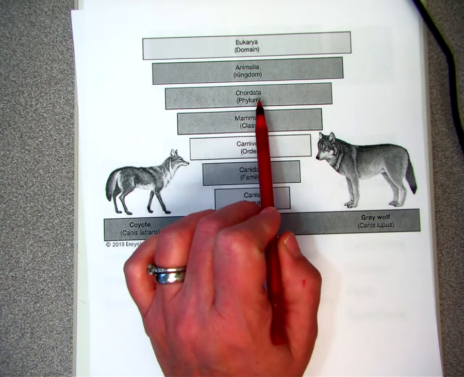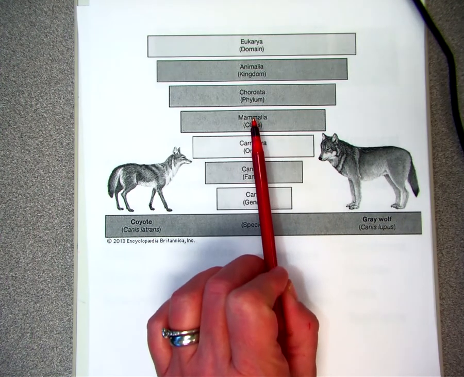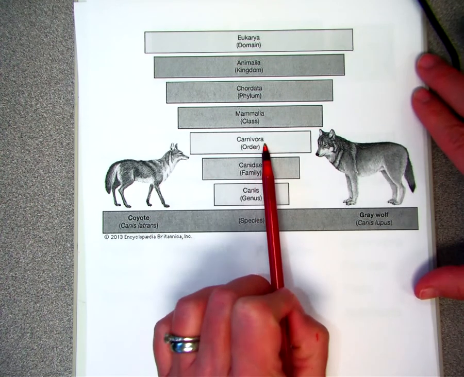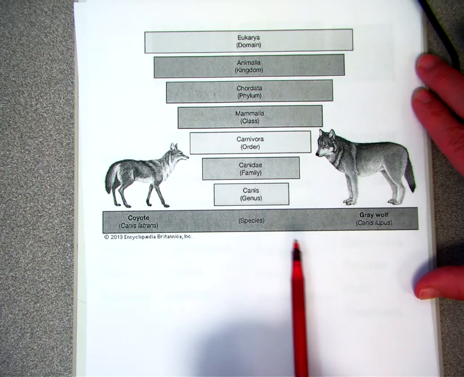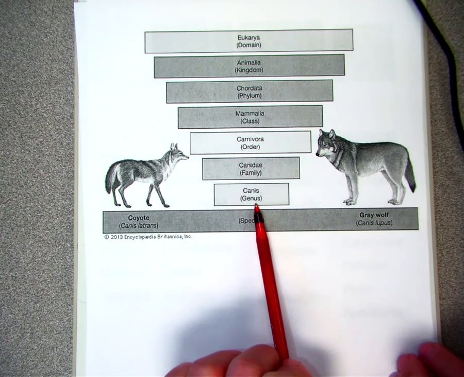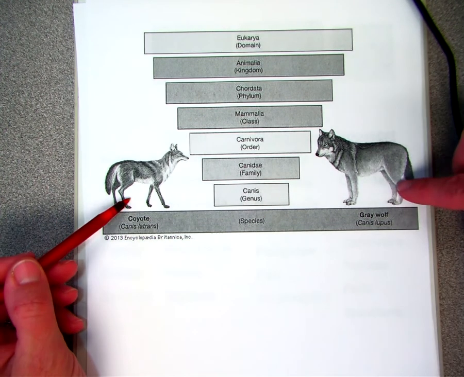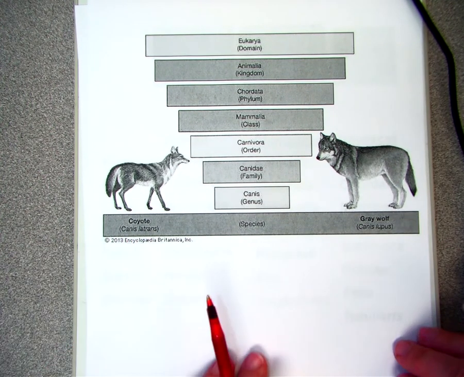Chordata, that means we have a spinal cord if you're in this phylum. The class Mammalia, you're used to hearing it called mammals. Carnivora, that's carnivore, the order. The family is Canidae. And Canis is the genus. The species is how they would differ. So these are very closely related. All the way down to species, they change.